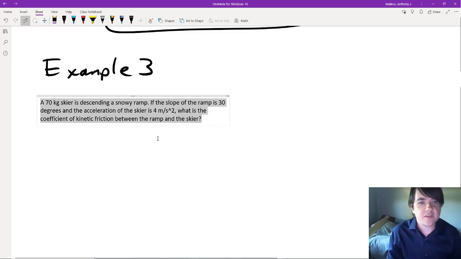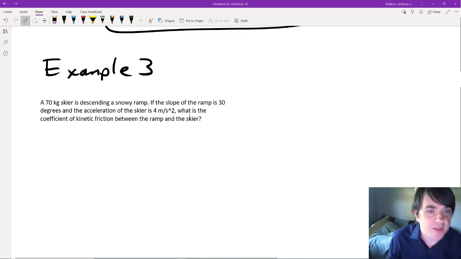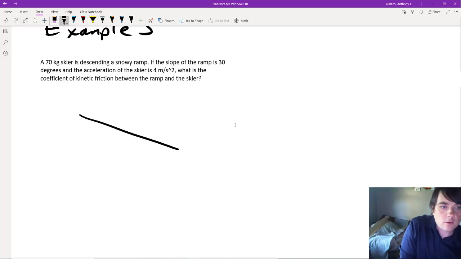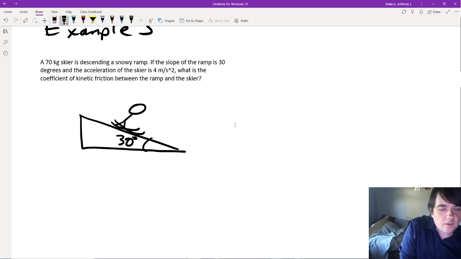We're going to have a 70 kilogram skier that's descending a snowy ramp, and the slope is going to be 30 degrees. So we're going to have this be the setup, where this is 30 degrees. We've got our little skier. Let's make that a little bit better.